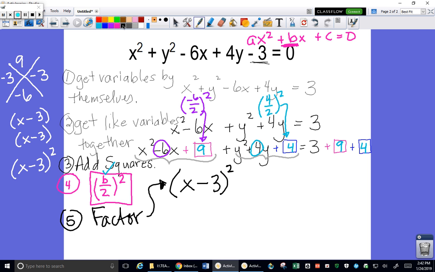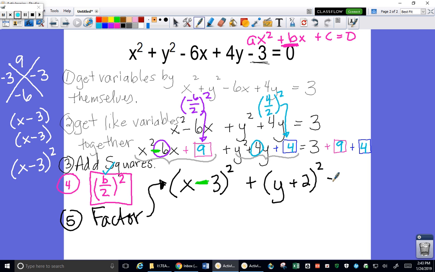By the way, after a while you'll get to notice this, but if there's a negative in here, you have a negative in your factorization. -6 gives you a -3 factor. Plus, what numbers multiply to give you 4 and add to give 4? 2 and 2, so this will be y plus 2, quantity squared.